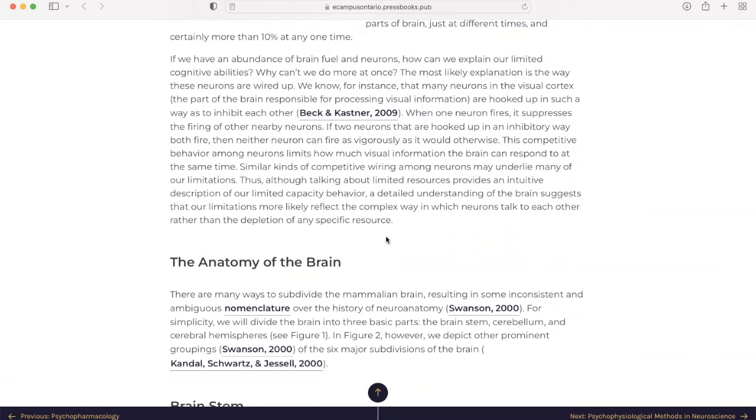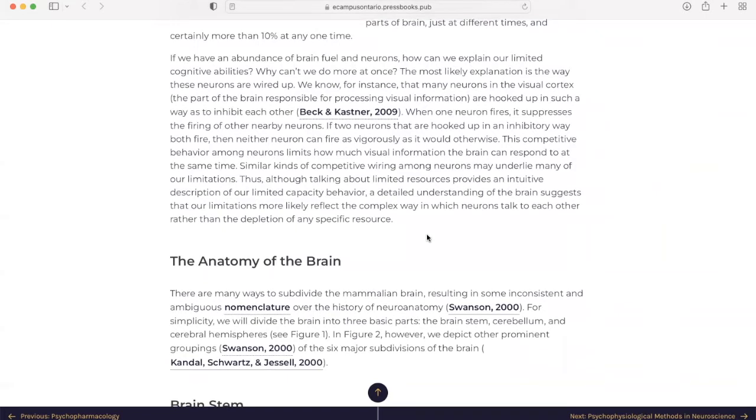If two neurons that are hooked up in an inhibitory way both fire, then neither neuron can fire as vigorously as it would otherwise. So our neurons are actually competitive against each other, aren't they? It's like one wants to fire up, the other one has to just wait its turn, because then all the energy can go to your neuron. That's my understanding of it.